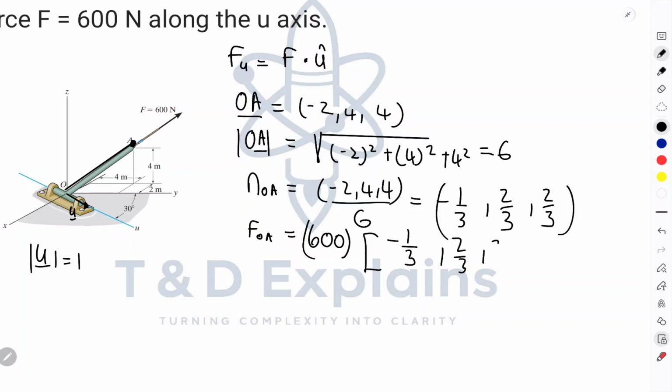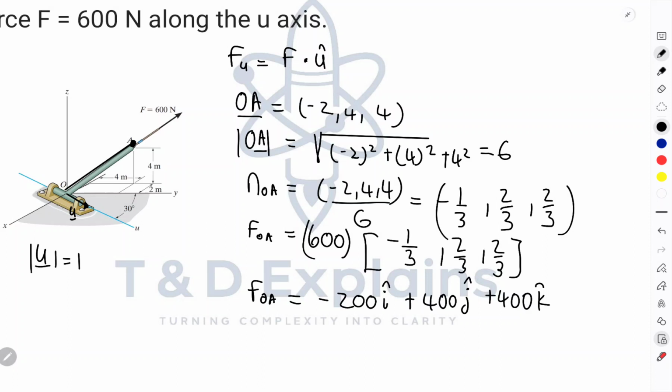Your F OA is going to be 600 divided by 3, which is negative 200 i. I'm just changing things to show you that you can alternate. 1200 divided by 3 is going to be 400, so it's going to be 400 j, and similarly this is going to be 400 k.